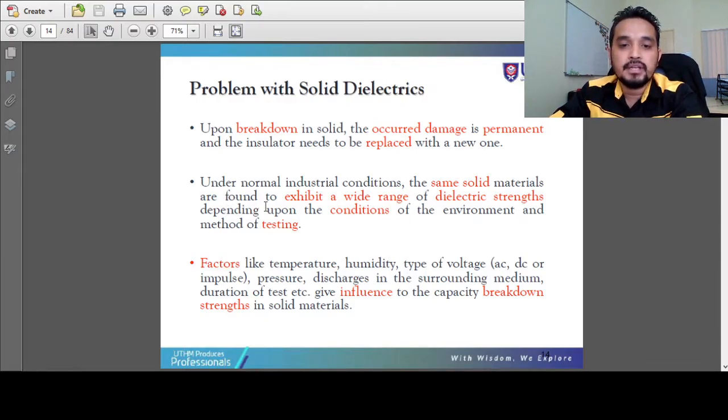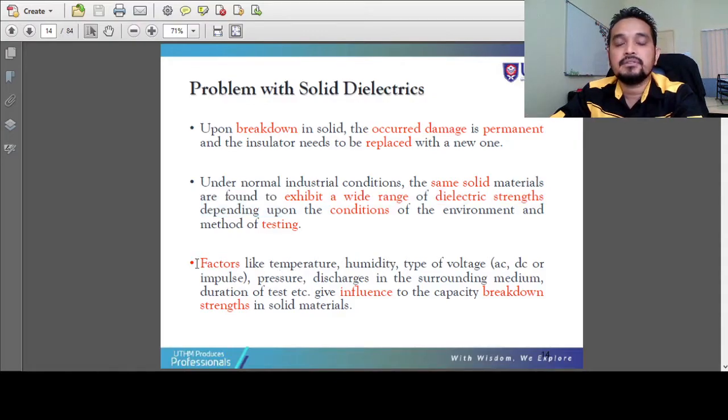For the same solid dielectric materials, they can exhibit a wide range of dielectric strength in various conditions.